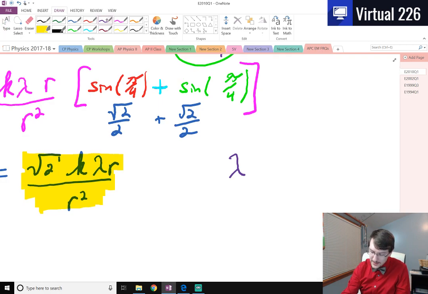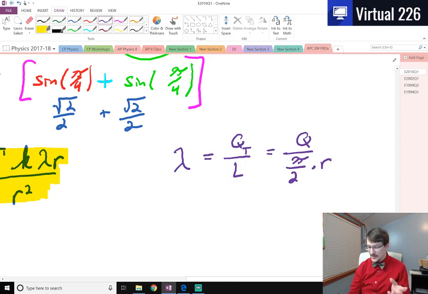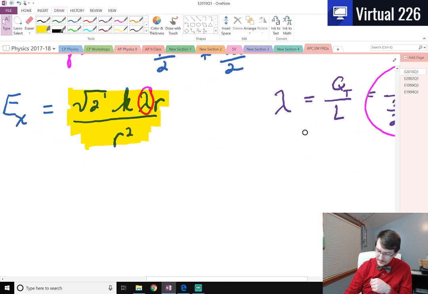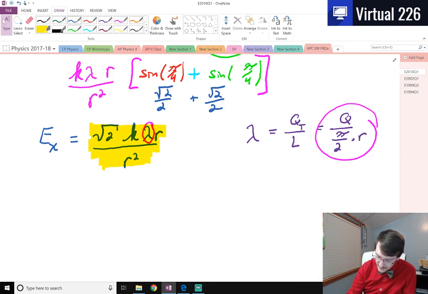We actually know that lambda in this problem is equal to that total charge, Q, over that length. And we know that if this is a quarter circle, the length is pi over 2, that's the angle, times r. So if we plug this back in for lambda, then this becomes a little bit cleaner.